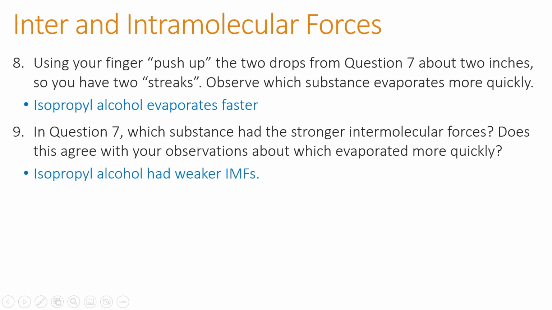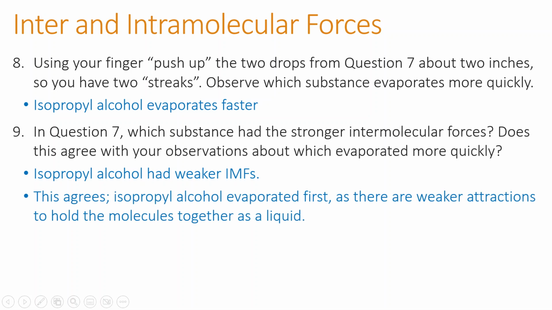So isopropyl alcohol has weaker intermolecular forces. This agrees with our observations because the isopropyl alcohol evaporated first. This means that there are weaker attractions holding the isopropyl alcohol together as a liquid than the attractions within water.